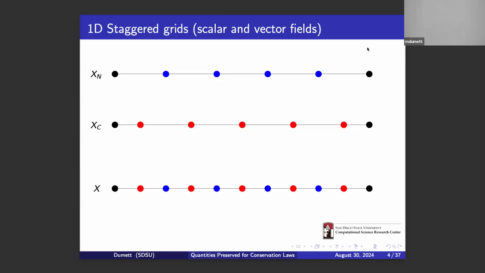And so the collection of the two is the mesh. We have a grid that I denote xn, which is for nodes, and xc for centers. So we will have quantities living in these two different places.